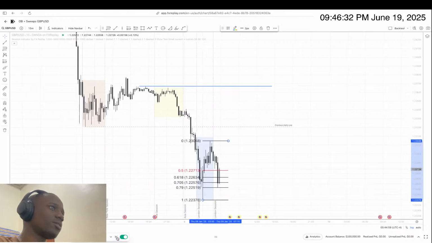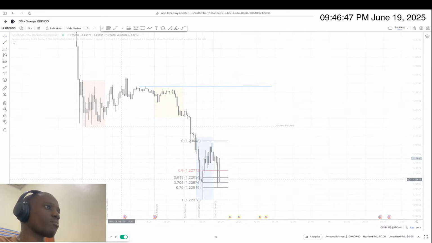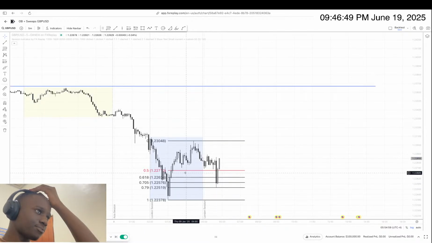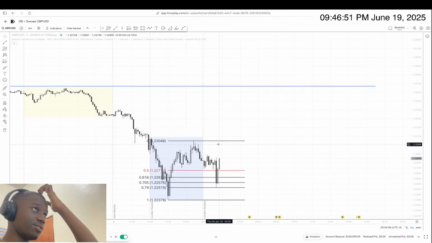Let's see if we reject. Okay, you can see we get a really good rejection off of the OTE, and we might take out this high or even the highs from up there. So can we enter off of this?